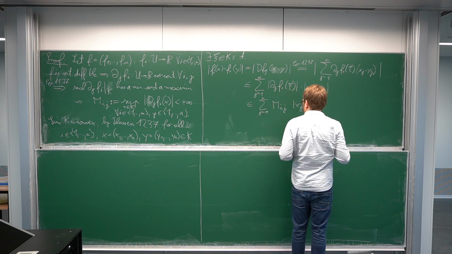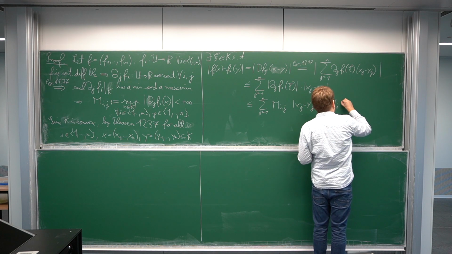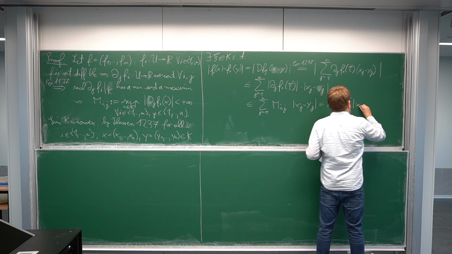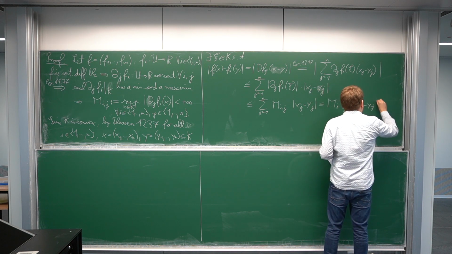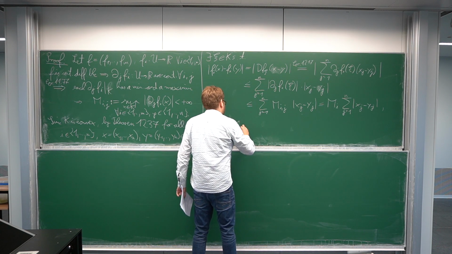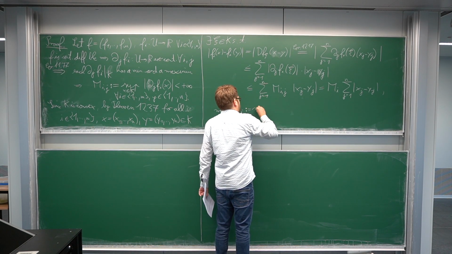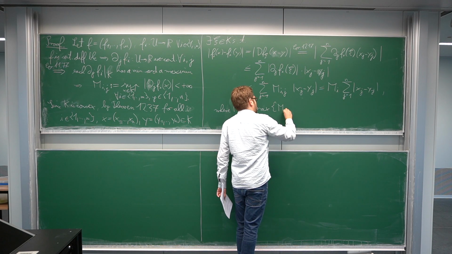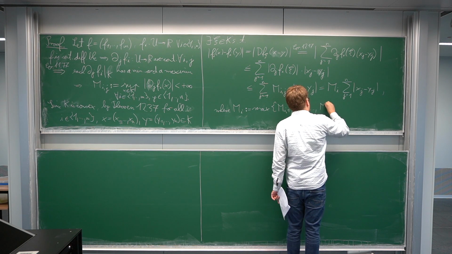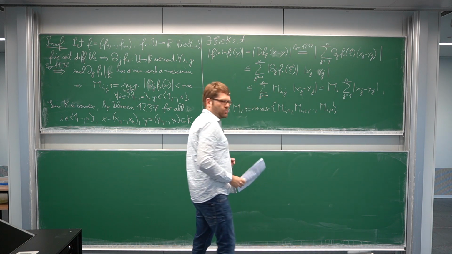And we can still simplify this by saying this is smaller than or equal to M_i times the sum from j equals 1 to n of |x_j minus y_j|, where M_i is just the biggest of these numbers. So M_i is defined as the maximum of M_{i1}, M_{i2}, and so on to M_{in}. Nice little inequality computation.